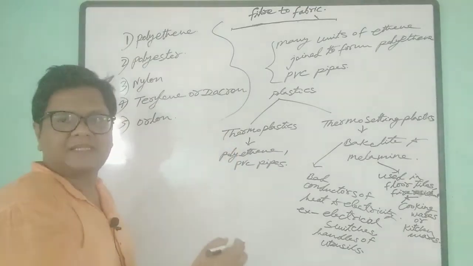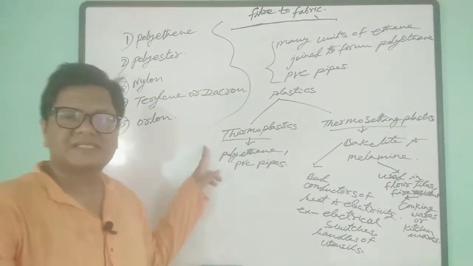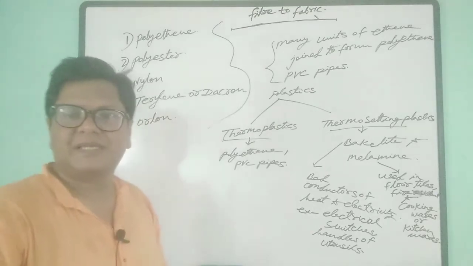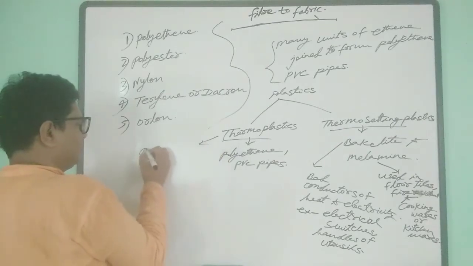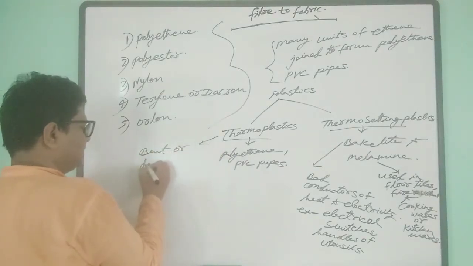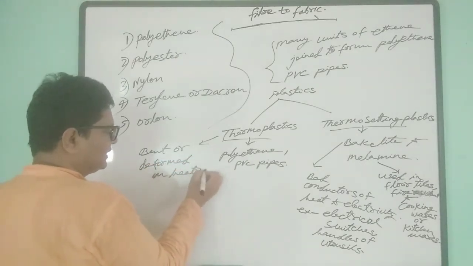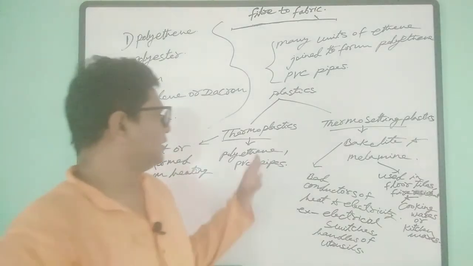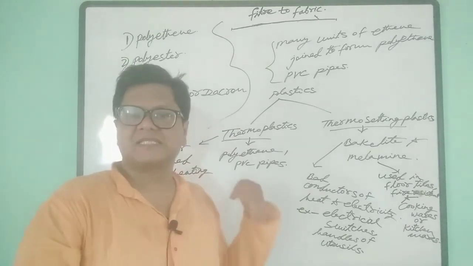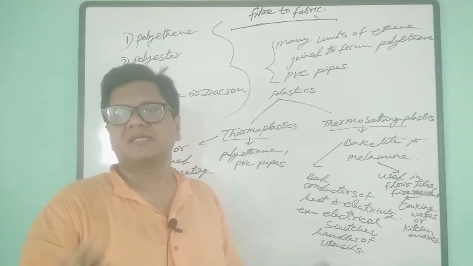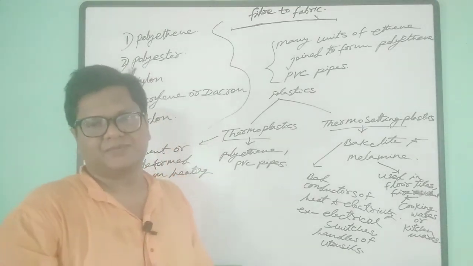Now I am going to explain the difference between thermoplastics and thermosetting plastics. See, thermoplastics are the plastics which can be bent or deformed on heating. Hence, they can be molded and given another structure or used for the synthesis of other items.